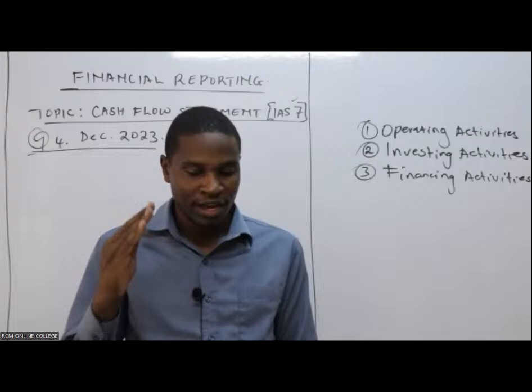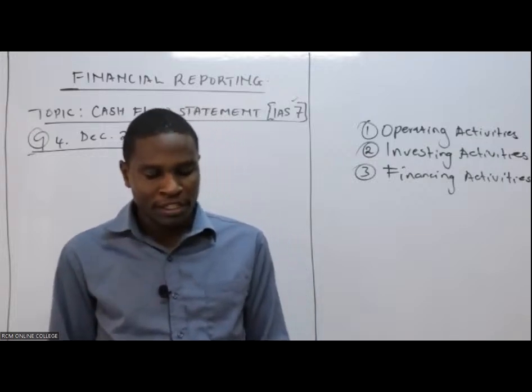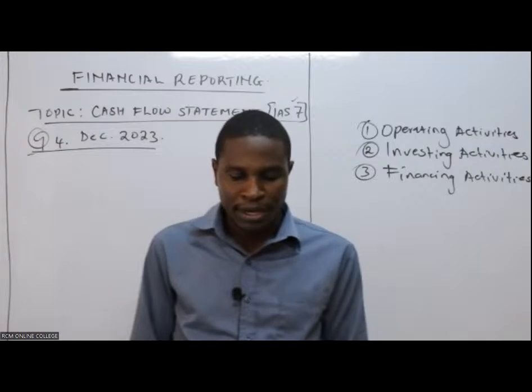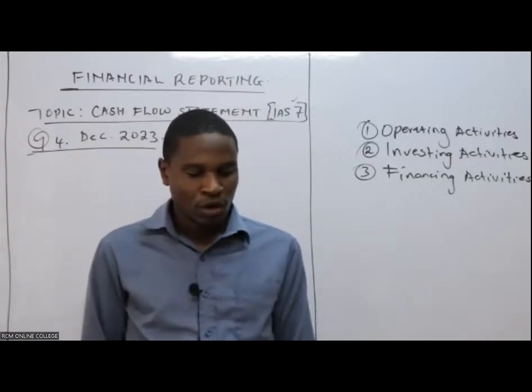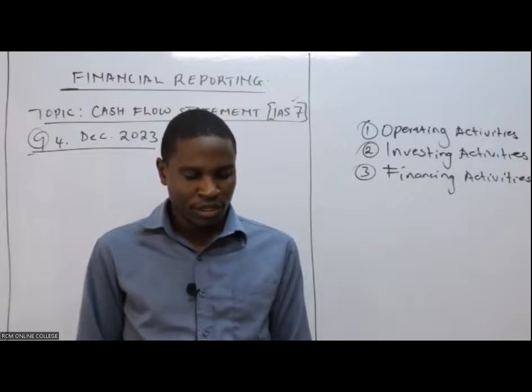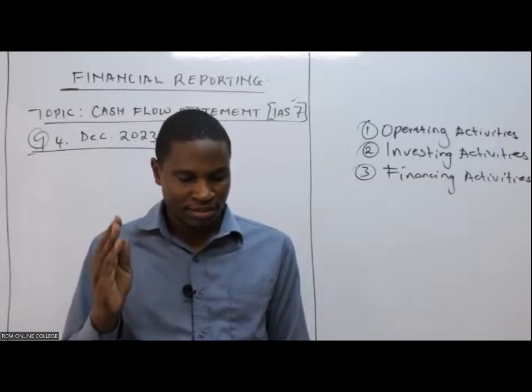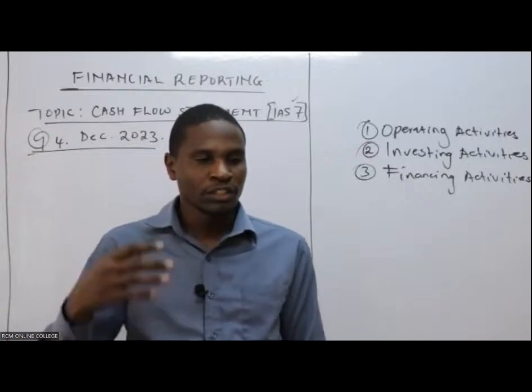Additional information: the property, plant, and equipment was made up as follows. Cost or valuation, accumulated depreciation, then we have the carrying amount.